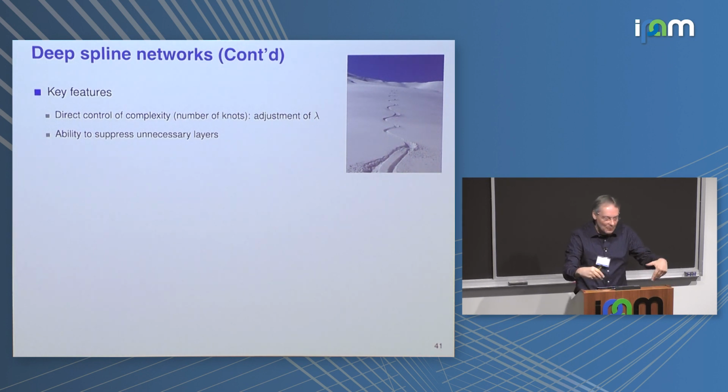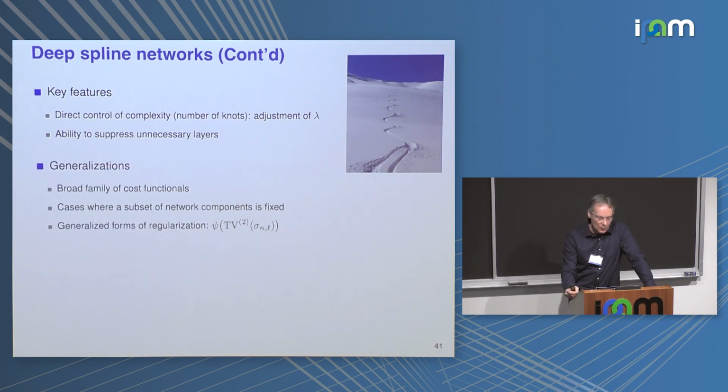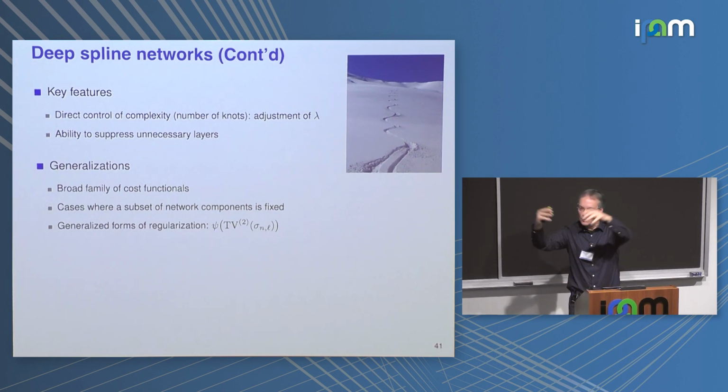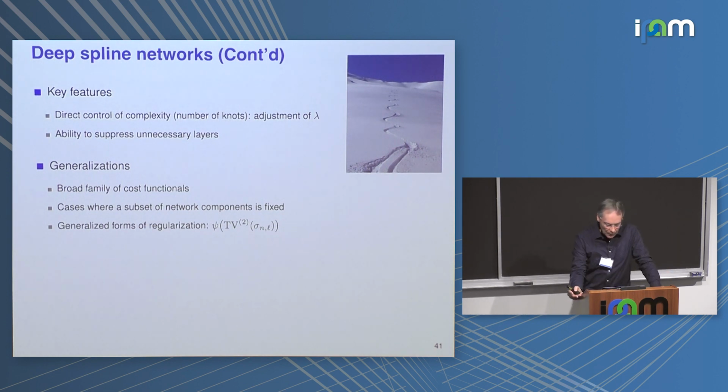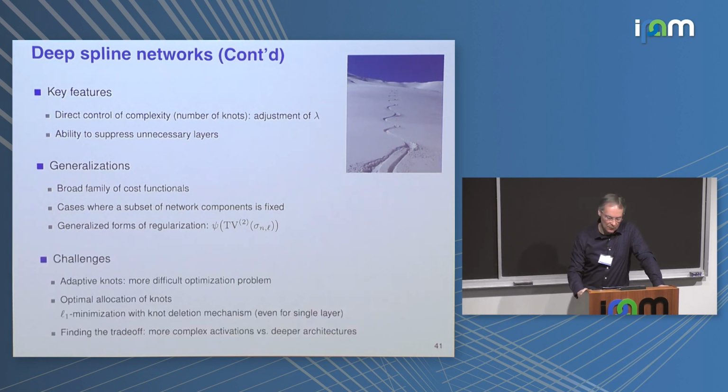We haven't implemented it, but the theorem has the ability to get rid of layers if there are too many. And generalization: it works for all kinds of cost functions. The result is also still true if you fix some nonlinearities and just optimize over a few that are left open. And if you use any function of total variation, it's still correct.